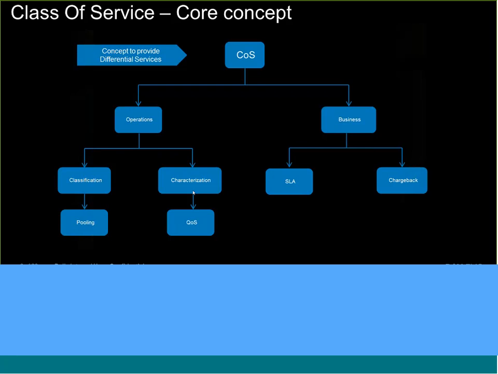And characterization is basically to define how we will differentiate the two different services, which in turn at the low level will map to quality of service. So for me, the class of service is a concept which should provide a differential service. Any question on this? I think this is the core of my whole theme going forward, so I can take questions over here.